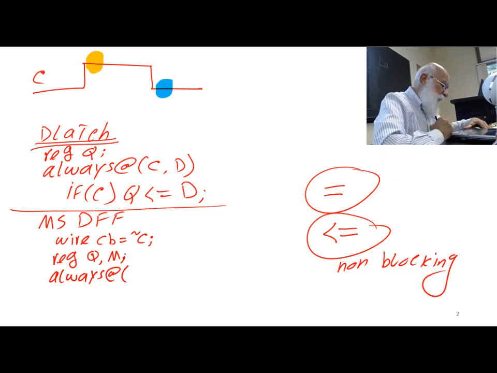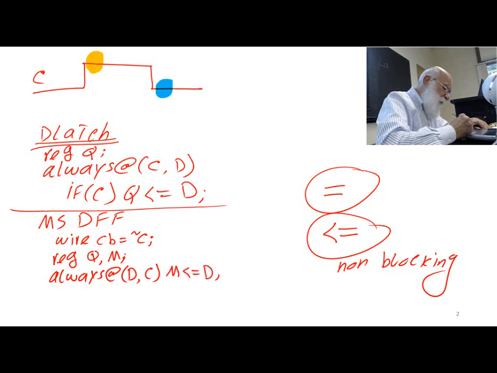The left one, the input of it is D and C, and then I say that M gets D, but see, M is not the final output. Then I have another one.